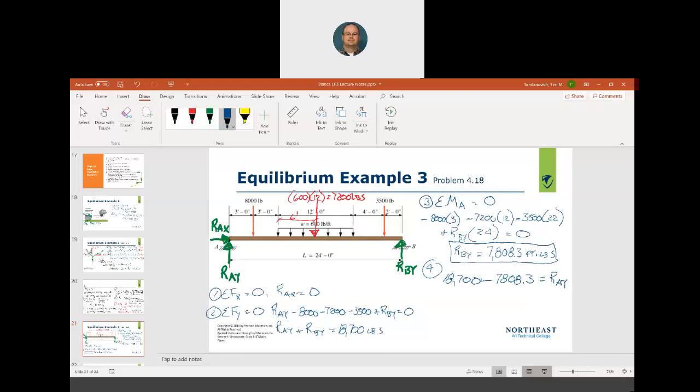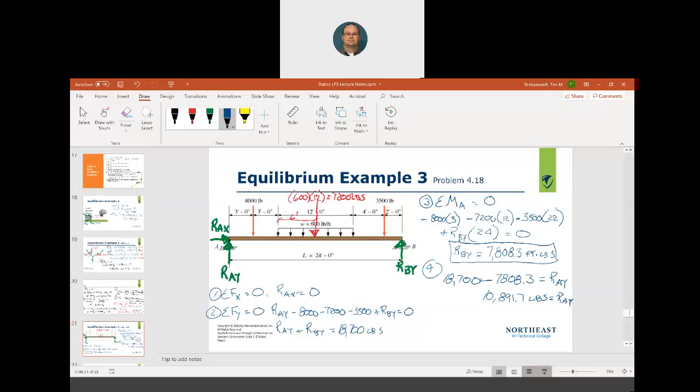Then that will be 18,700 minus 7808.3. 10,891.7 pounds equals RAY.